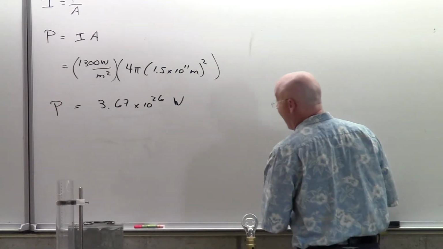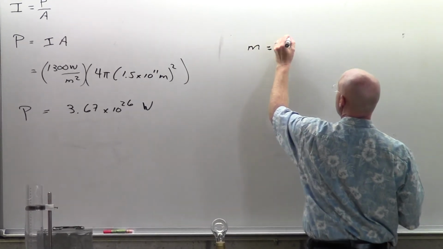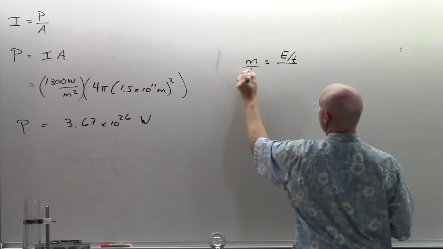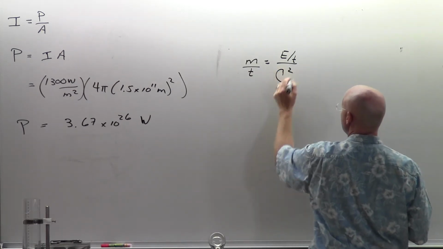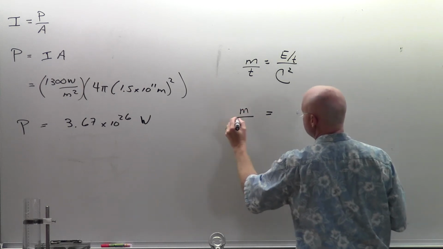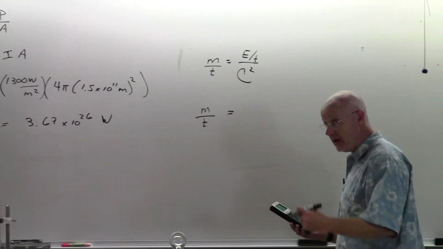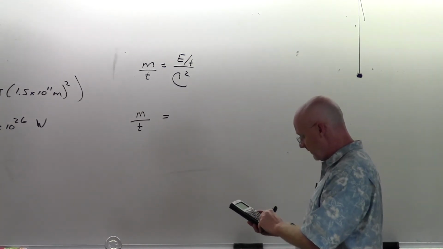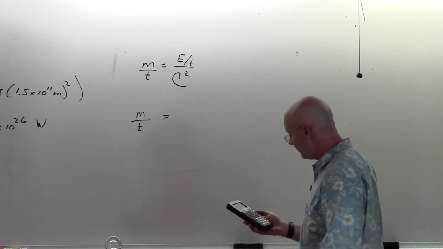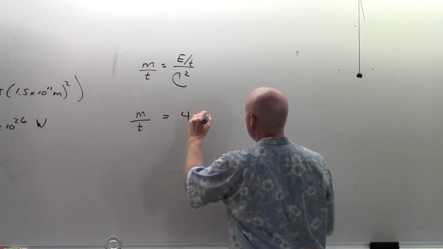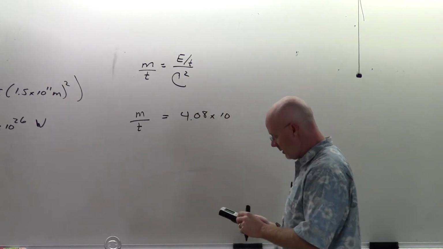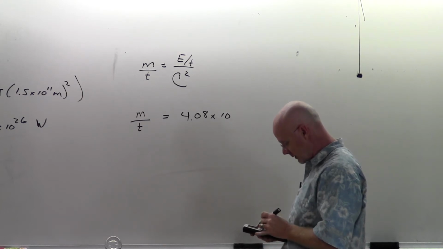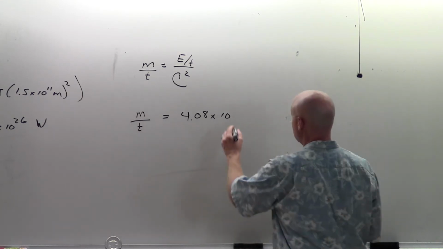If I converted that into mass, I could take the power and divide it by c squared. So the mass per second being converted in our sun, dividing by 3 times 10 to the 8th squared, is 4.08 times 10 to the, oh, why did my calculator do that to me? How many significant digits? 1, 2, 3, 4, 5, 6, 7, 8, 9.